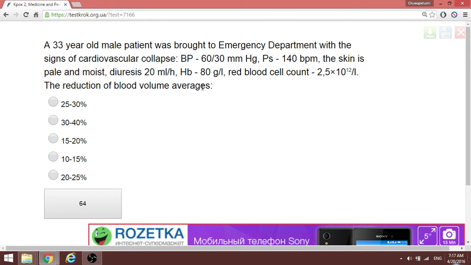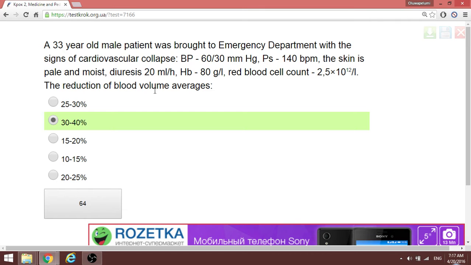From a ratio of 1.1 to 1.7, the patient has lost blood volume of about 20 to 40% of circulating blood. But if it is 1.8 or more, you're having over 40%. However, the only option that is reaching 40% in this case is 30 to 40%.